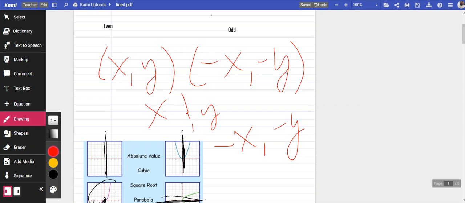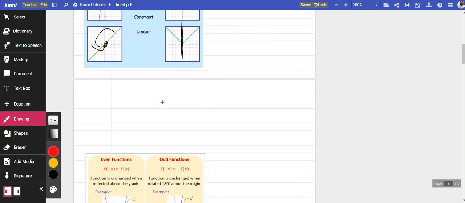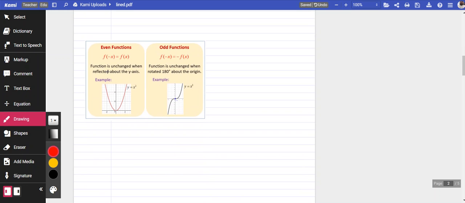When we talk about even or odd, those are the other types of functions. Even functions, this is important right here: f of negative x is equal to f of x. Even functions tend to be symmetric with respect to the y-axis.